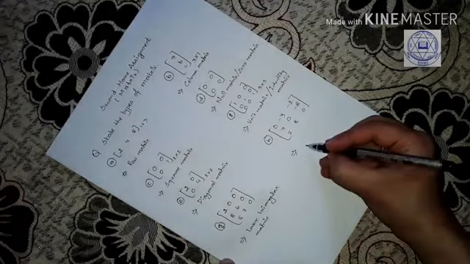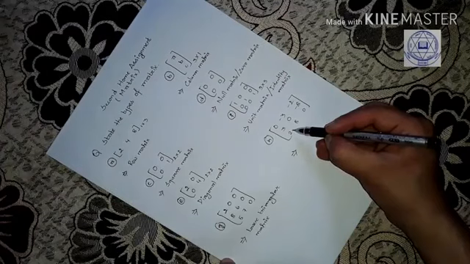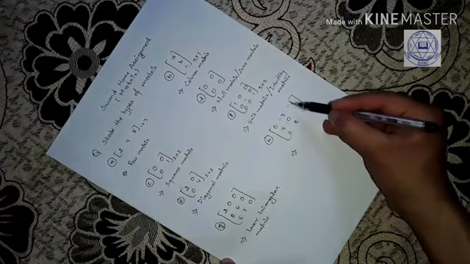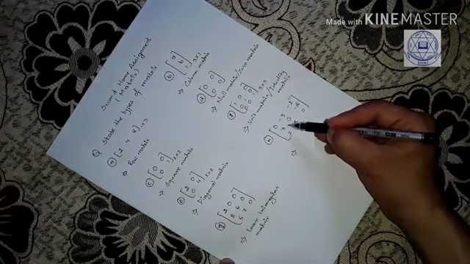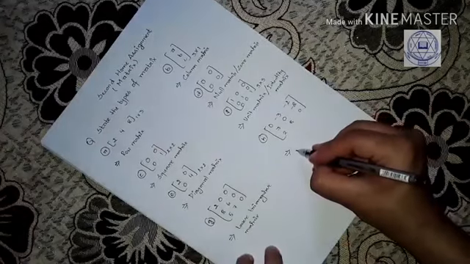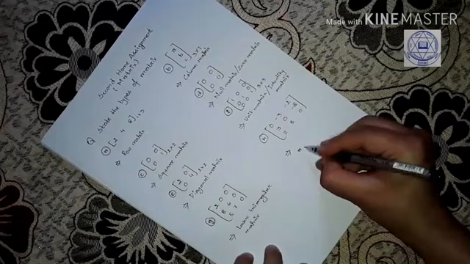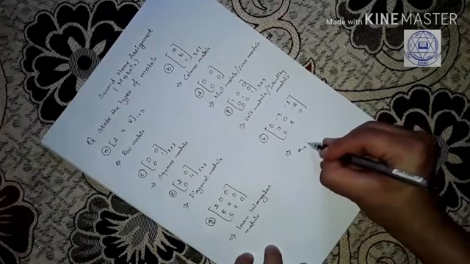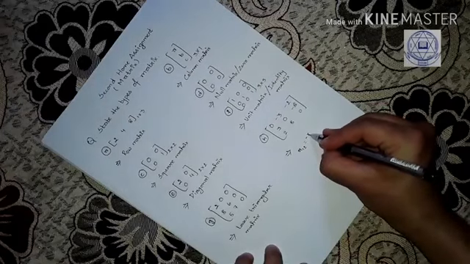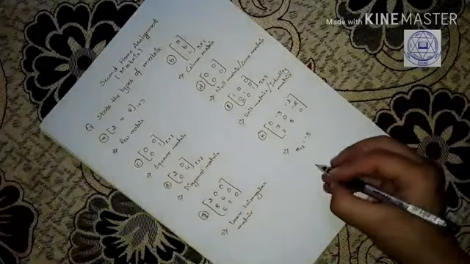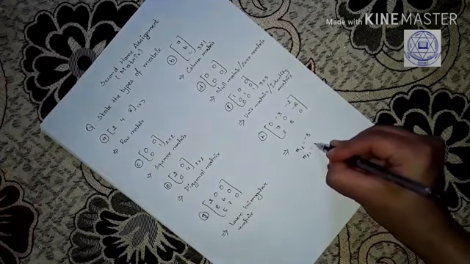Last question, question number H. Observe carefully. See the elements. Here you'll see a pattern. In this matrix, A12 is equal to minus 3, and A21 is equal to 3.